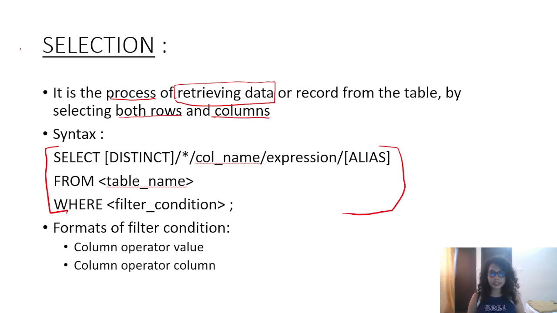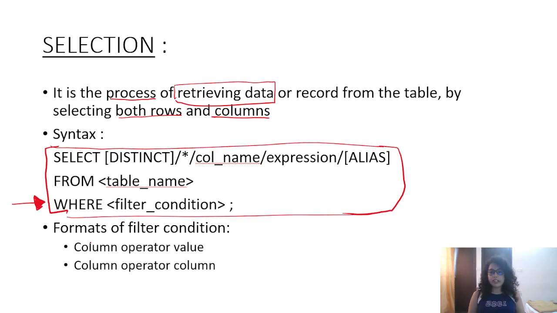Now in selection, a new thing will come, which is the filter condition. Whenever you explicitly mention what type of records you want in the where clause, along with the columns you want, then it is called a selection. Okay, so this is a syntax you have to keep in mind.